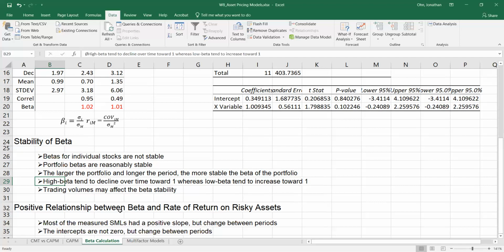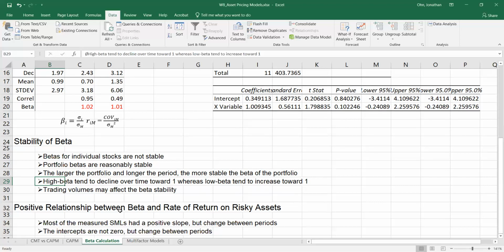So if the beta is above 1, over time it tends to approach 1, and if it is lower than 1, then it tends to move toward 1.